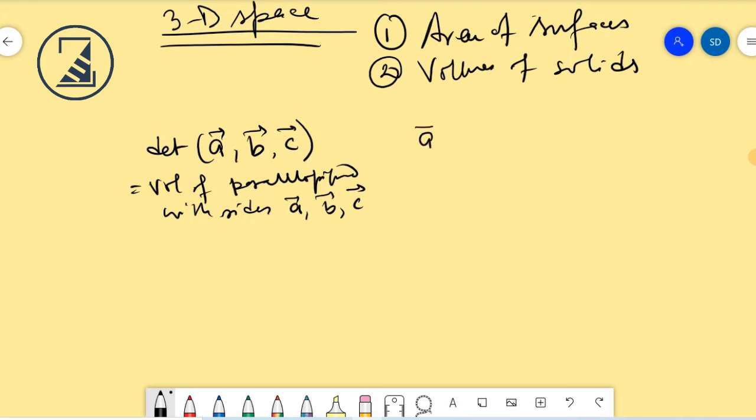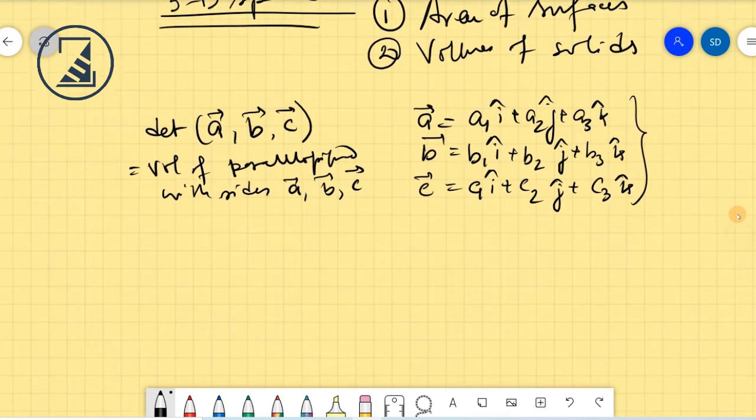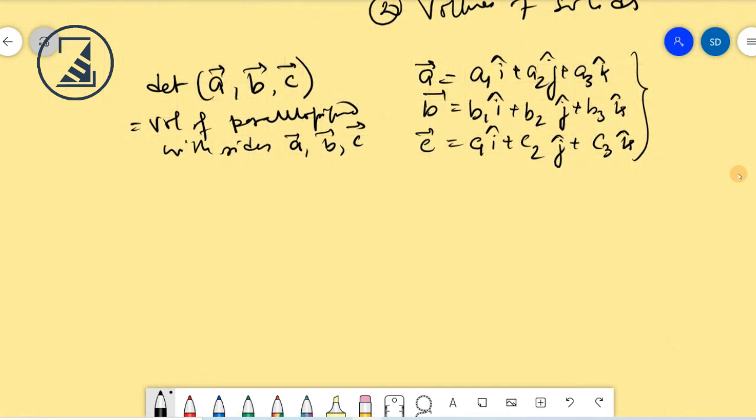Our A vector is now a vector in 3-dimensional space. So A is A1 i cap, A2 j cap, A3 k cap. B vector is B1 i cap, B2 j cap and B3 k cap, and my C vector is C1 i cap plus C2 j cap plus C3 k cap. So these are my A, B and C vectors. Now I have defined the volume of the parallelepiped with the determinant of A, B and C.